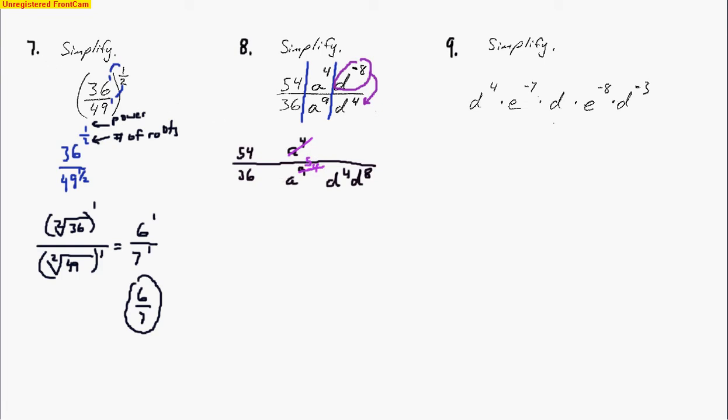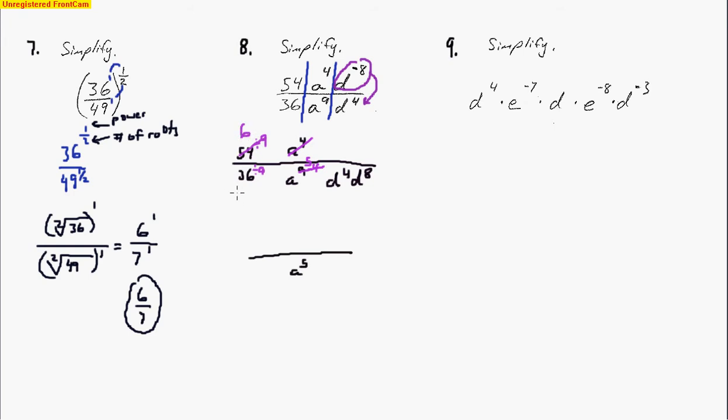So let's go ahead and start to rewrite our answer here. So we know in our fraction we're going to have 5 a's on the bottom of the fraction. Let's go ahead and do some more reducing here. We have 54 and 36. I see that 9 goes into those numbers. Maybe more than that, but that's the first number that comes to my mind. So 54 divided by 9, that's going to give me 6.